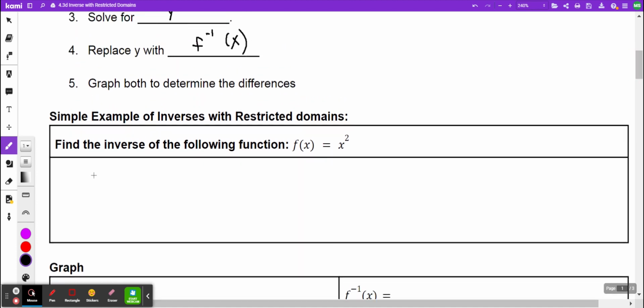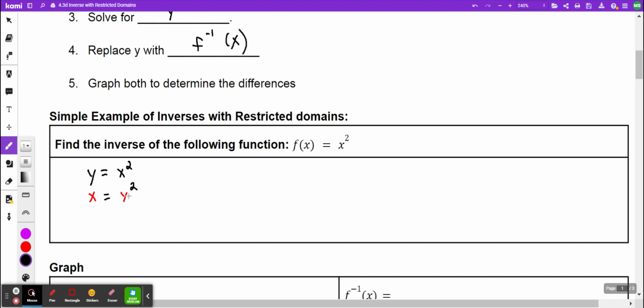Well, that seems pretty nice. We're going to say, hey, y is equal to x squared. Next part, switch them out. And so we have x is equal to y squared. And we haven't solved for y. What number is with y on the same side? There's only a number with y right there.